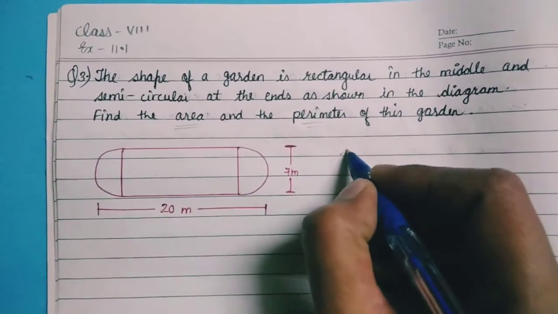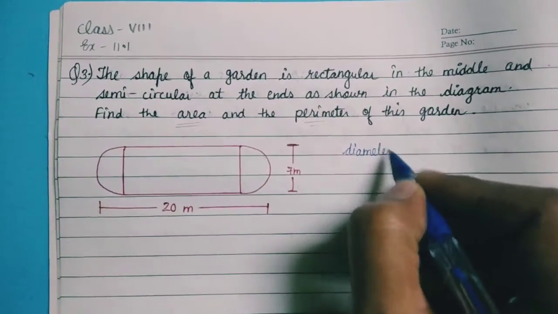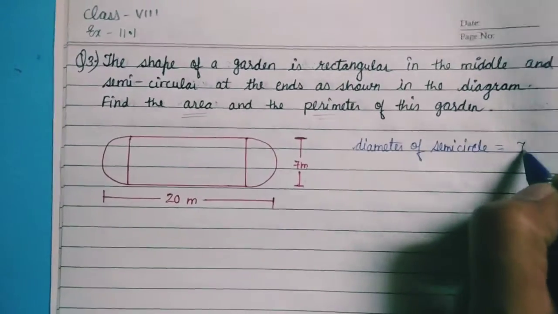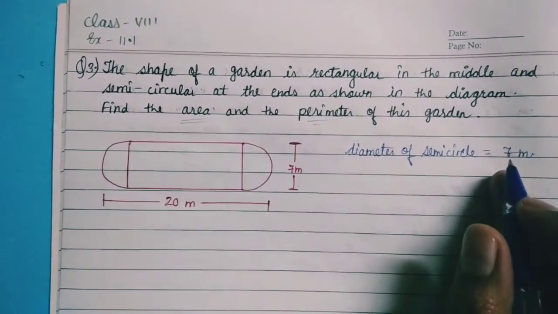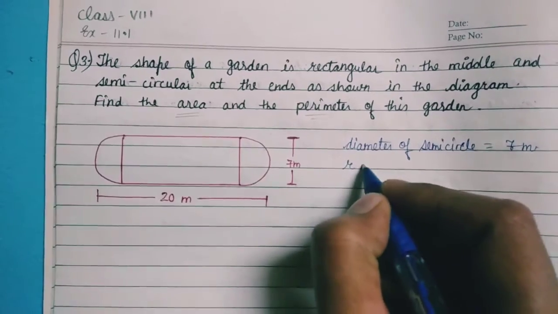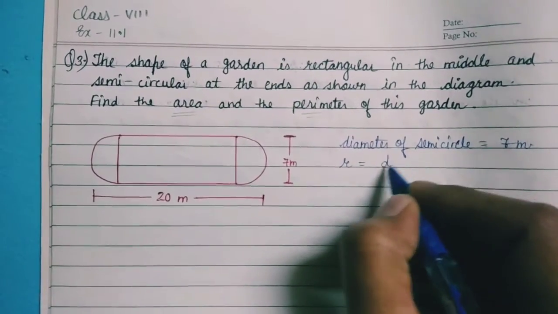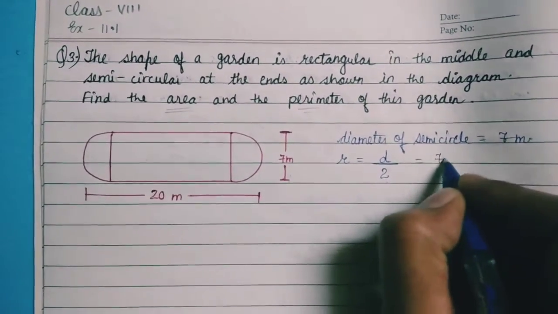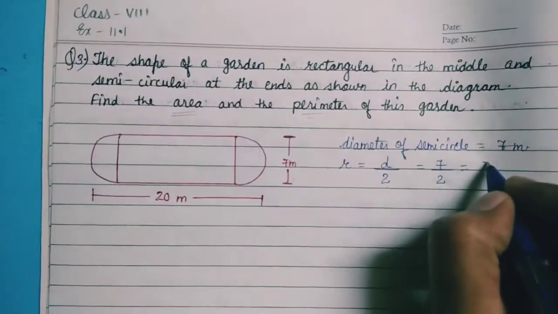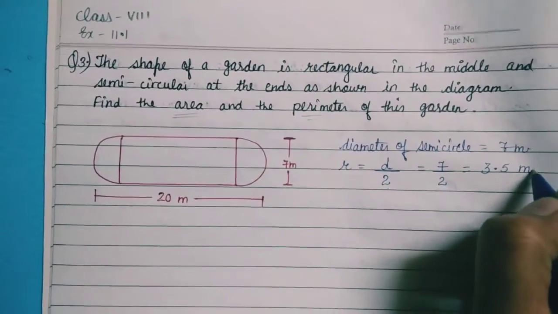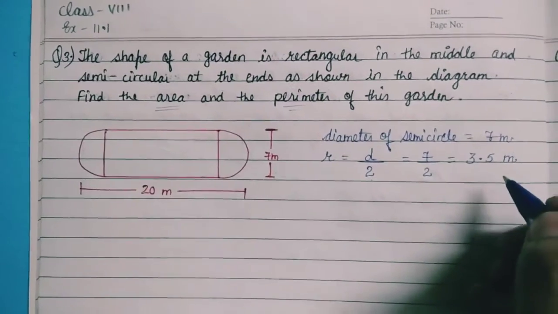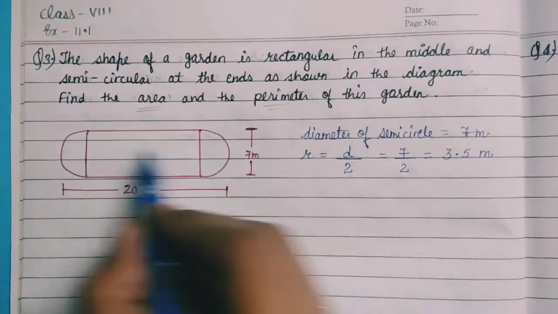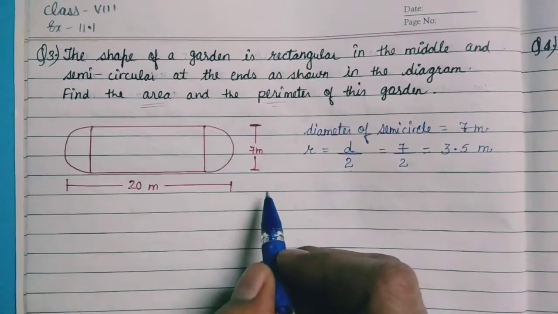It means that the diameter of the semicircle is 7 meter. When we know the diameter, we can easily get the radius of the semicircle when we divide the diameter by 2. It means when we divide 7 by 2, we will get 3.5 meter. Okay. Now we need to see, here we have the radius of the semicircle which is 3.5 meter.